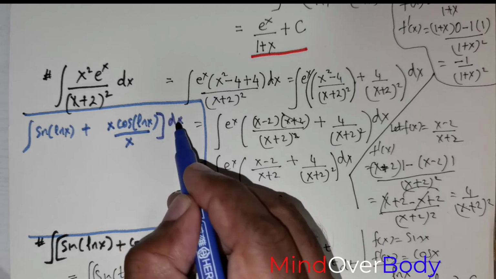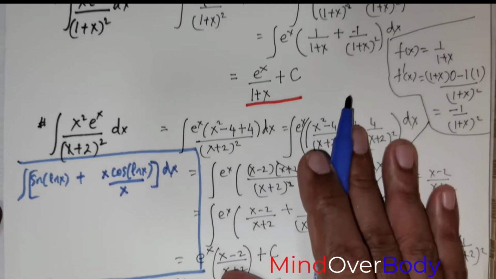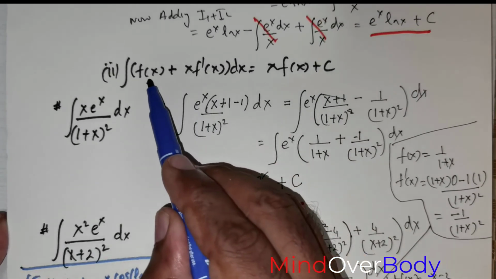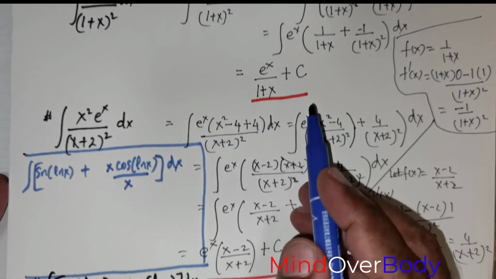So this is what the problem looks like. Now I'm trying to obtain this f of x plus x times f dash of x.